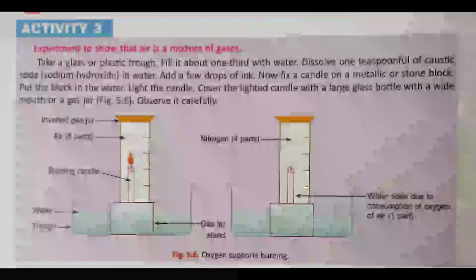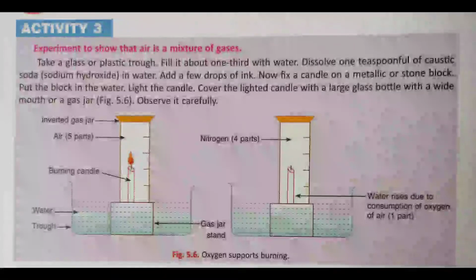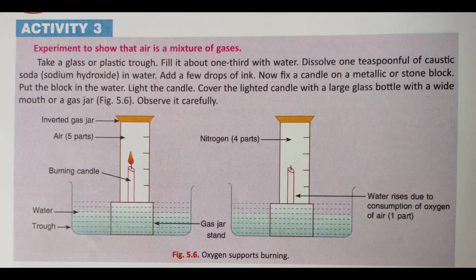So now, experiment to show that air is a mixture of gases. Here is a beautiful experiment to show that air is a mixture of gases. Take a glass or plastic trough, fill it about 1/3 with water. Dissolve 1 teaspoon of caustic soda, that is sodium hydroxide, in water.